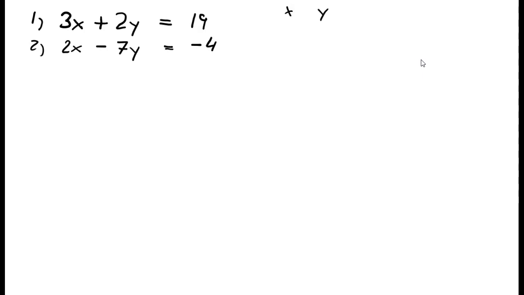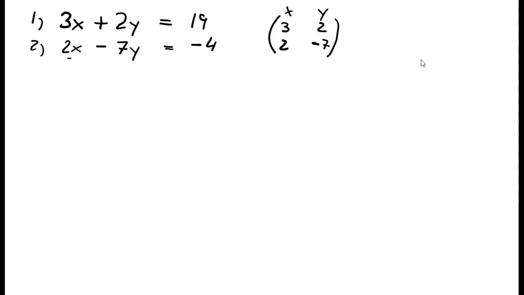So for the first equation, this would be 3, because 3 is the factor of x, and 2 is the factor for y. And for the second equation, we would just simply write 2, because that is the factor in front of x, and -7 for y. And to indicate that this is a matrix, we put a bracket around it.